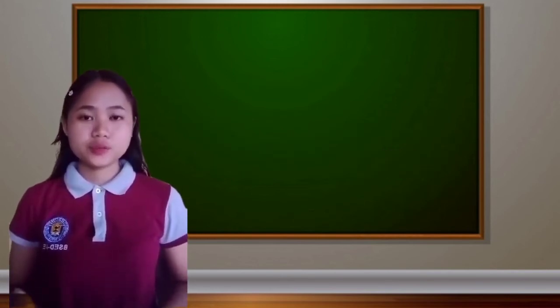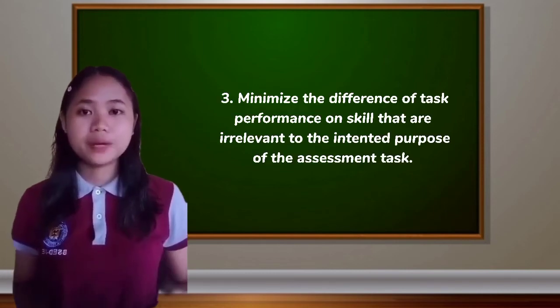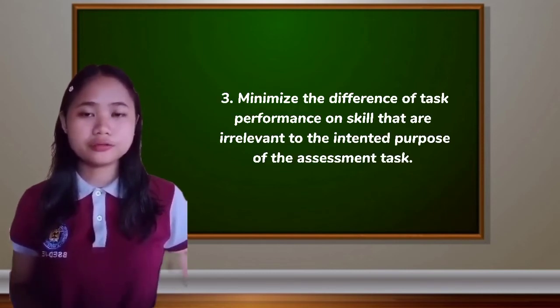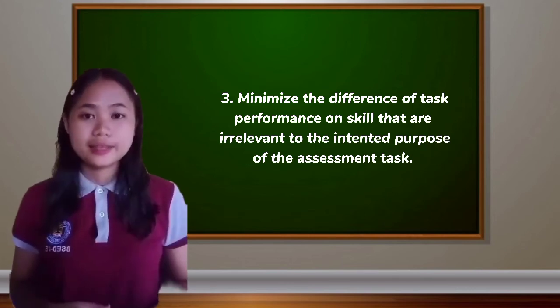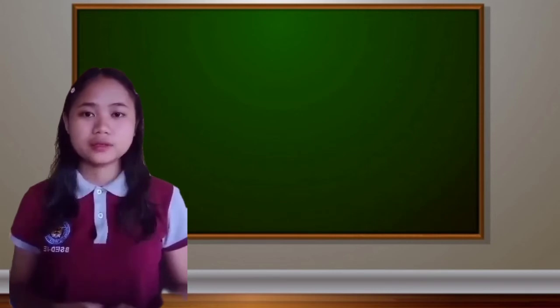It is important to specify the range of content and resources students can use in performing tasks. Third, minimize the difference of task performance on skills that are irrelevant to the intended purpose of the assessment task. Here is the focus of the attention of the assessment.